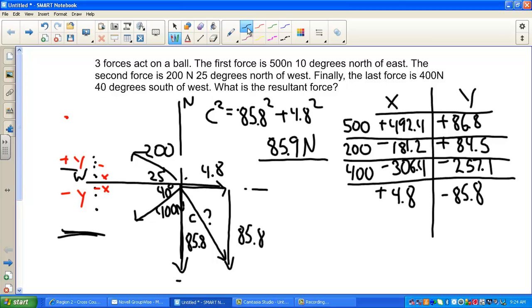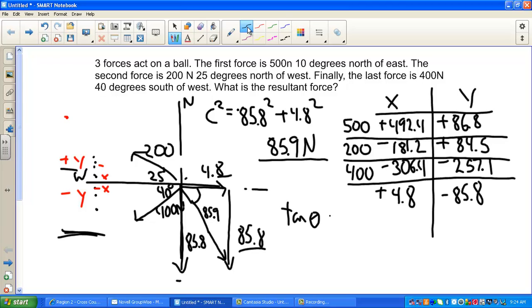That's part of it, but I also need an angle. So if I pick up my eraser, and erase this right here, draw my line, I see this comes out to be 85.9. Now my angle I think is going to be pretty shallow, but let's just check and see where it comes out. Now I want to find angle theta right here. I'll use SOHCAHTOA. This is my opposite side. This is my adjacent. So that is tangent.